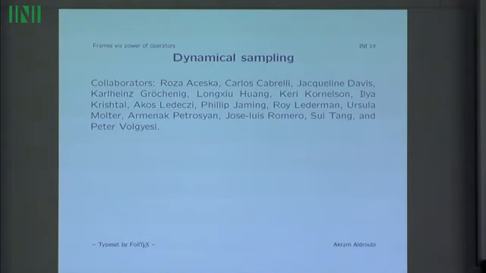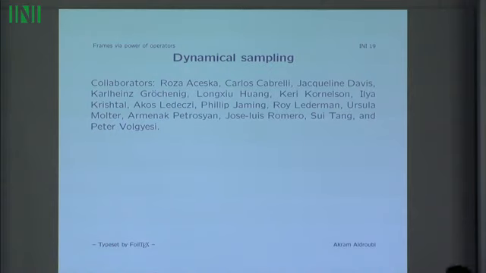Okay. So I showed you one problem in dynamical sampling and a few results, again to give you a taste of the kind of things. The proofs of the results that I showed rely on complex analysis, and often we use spectral theory when we have normal operators.